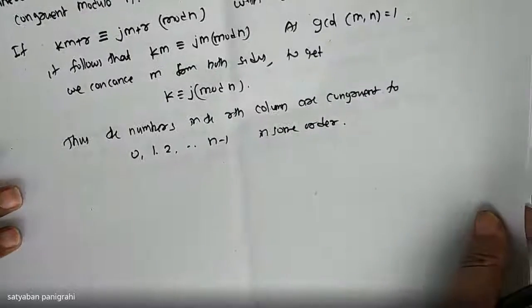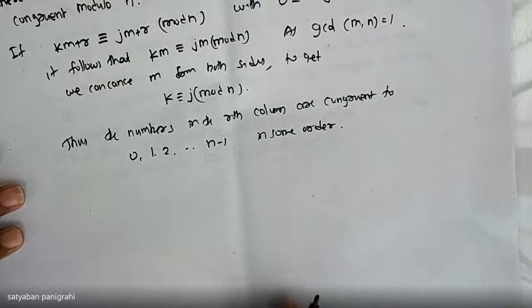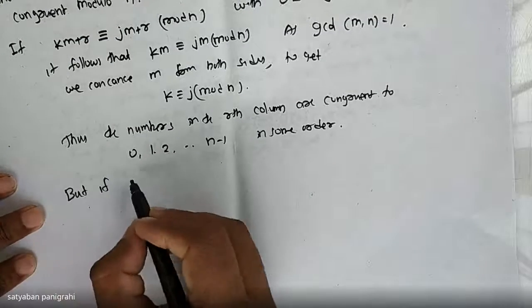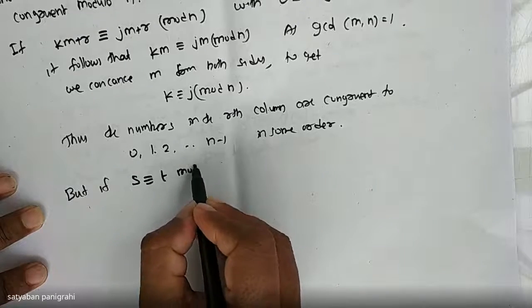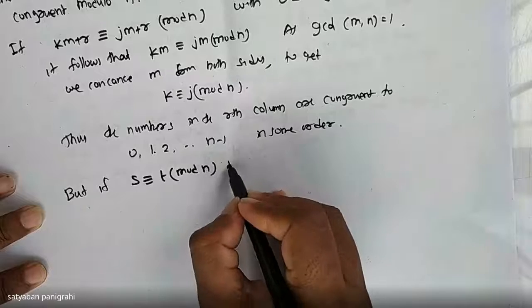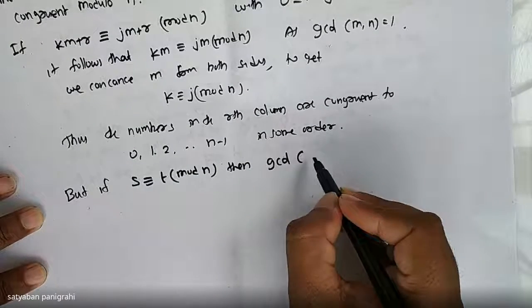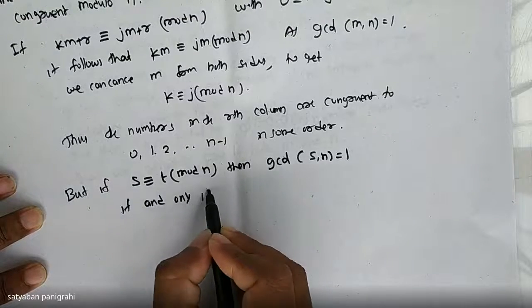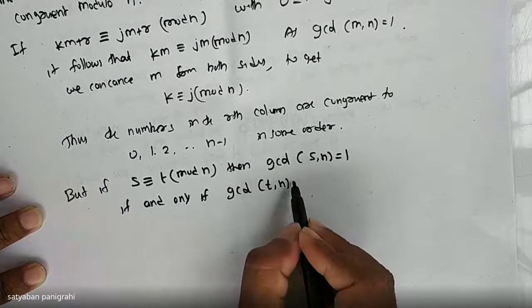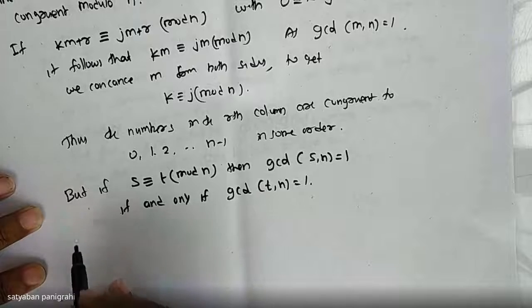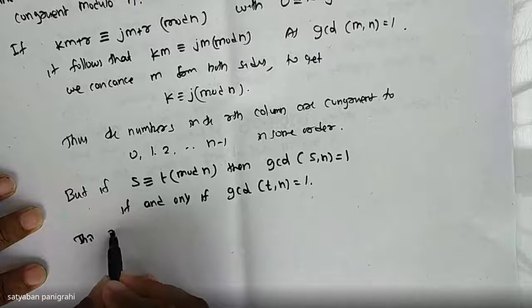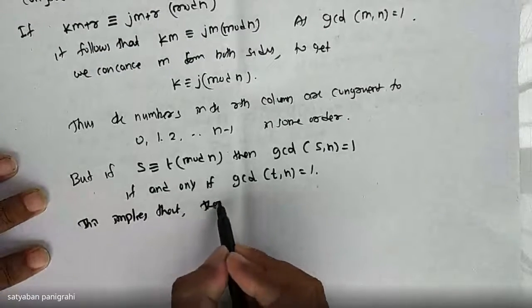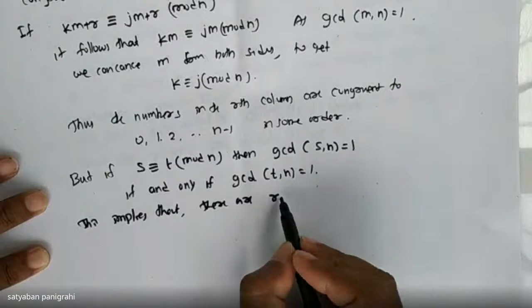Now you can say, but if suppose some s is congruent to t mod n, then GCD of s and n equals 1 if and only if GCD of t and n equals 1.